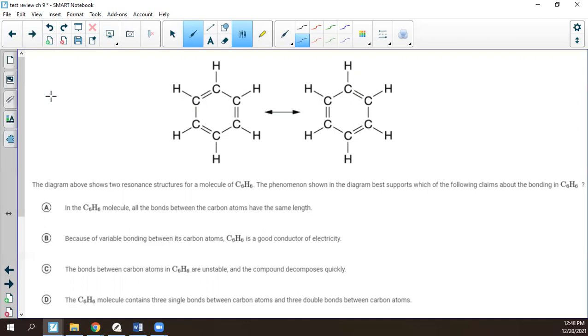Okay, due to time, any guesses? It's actually A, because remember, they're all 1.5s. Trick question, right? Because you're like, oh, I see it.